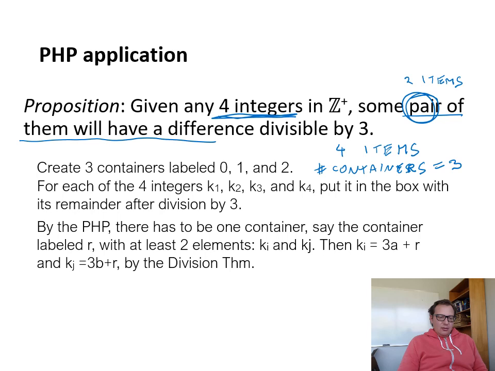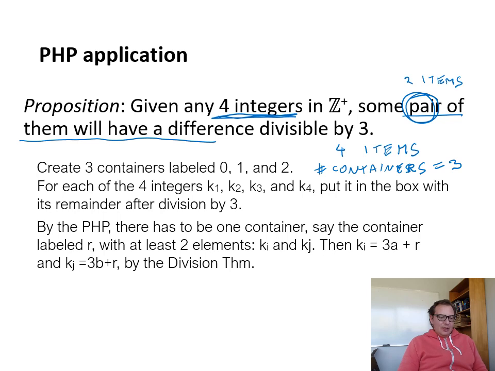In box 0, we are going to put all integers whose remainder when divided by 3 is 0. In box 1, all integers whose remainder when divided by 3 is 1. And in box 2, all integers whose remainder when divided by 3 is 2. And those are the only possibilities, right, for remainders when we are dividing by 3.